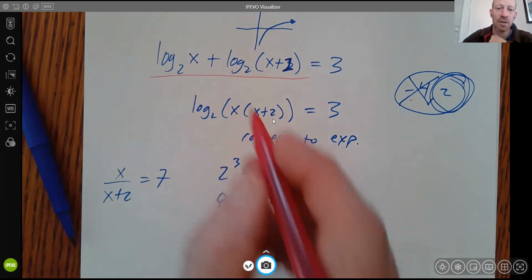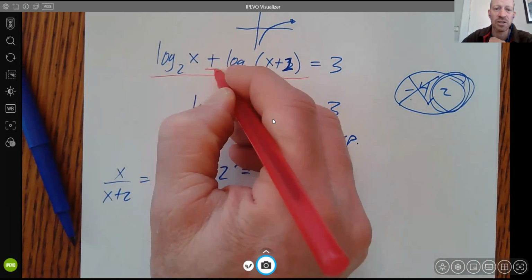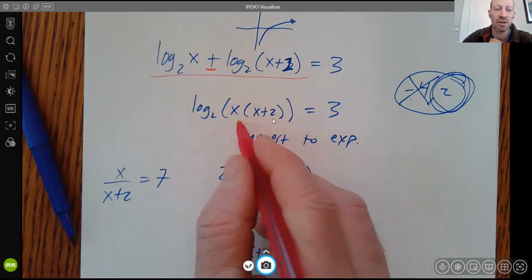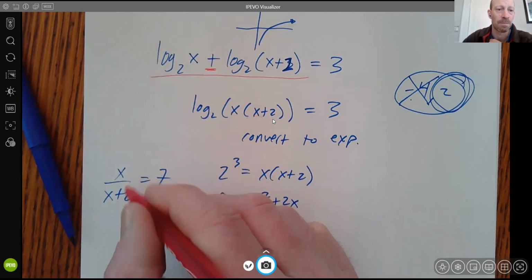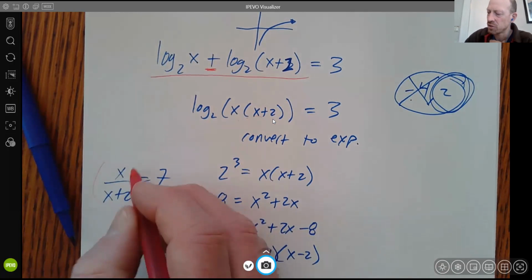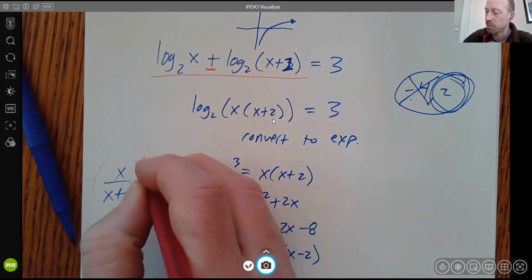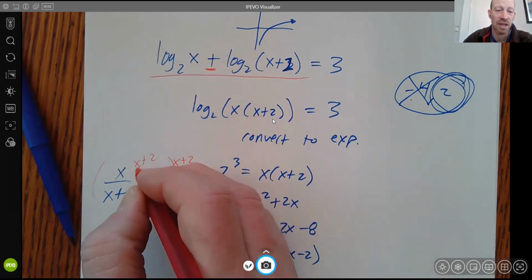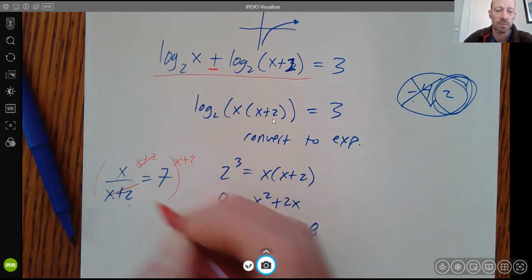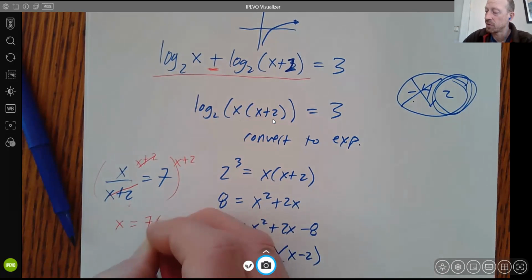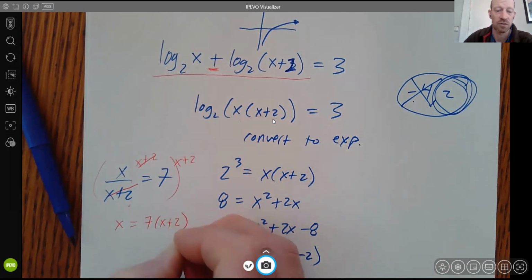Sometimes if this is subtraction instead of addition, then instead of getting multiplication here, you'd get division here. But anytime you have a fraction, you want to multiply both sides by x plus 2, or whatever that denominator is, to cancel the denominator. So that would be x equals 7 times x plus 2.